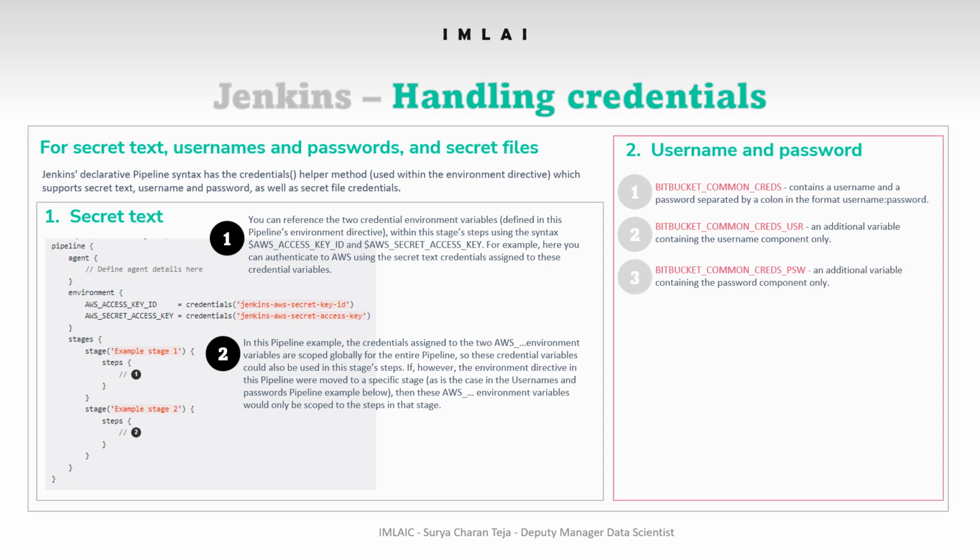Or you can use Bitbucket common creds PSW, where you can attach only the password. You can use any of them. If you use Bitbucket common creds, then you have to attach the Jenkins Bitbucket common creds, username and password separated by the colon. That's how we handle the credentials.